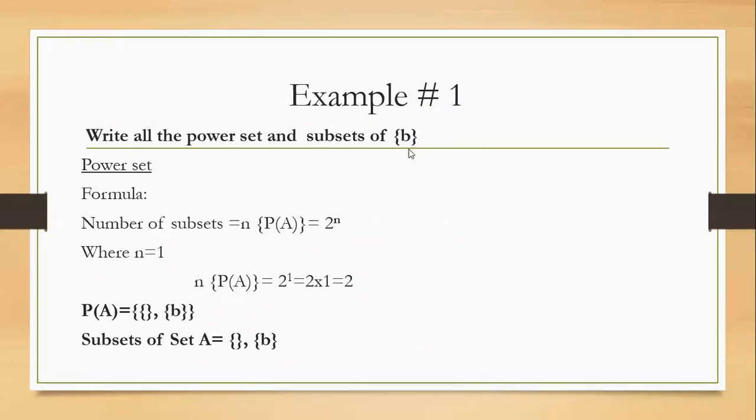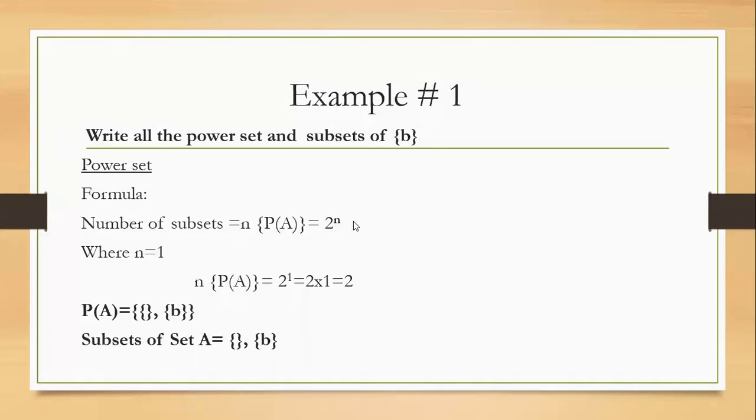Here you can see a set, for example, let's consider its name as A. It contains only one element that is b. Okay, one element is there. How many elements? 1.